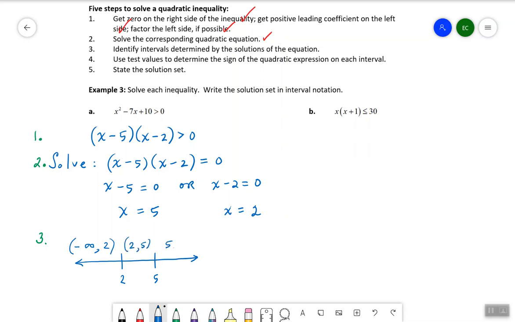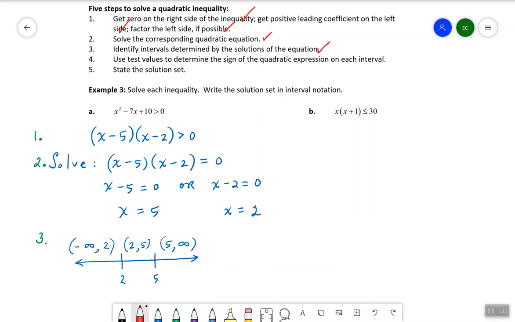And then the next interval would be on the other side of 5, all the way out to infinity. What we're saying here is that these 3 intervals are candidates for solutions to this inequality. And so what we need to do now is check each of these candidates, each of these intervals, and see if it satisfies the inequality or not.